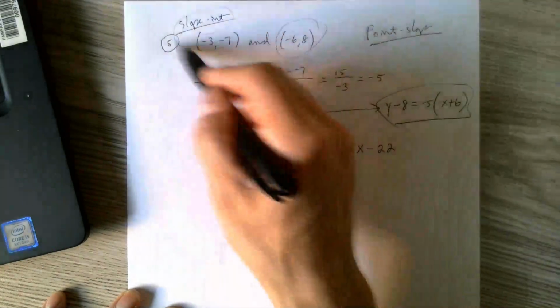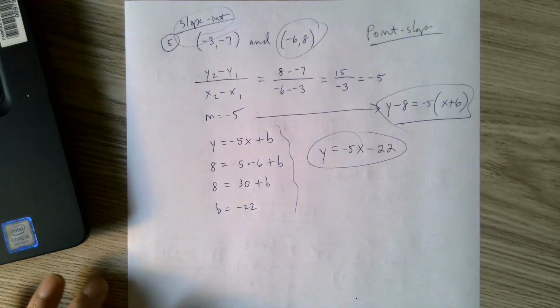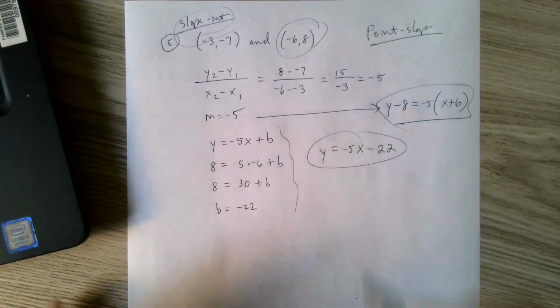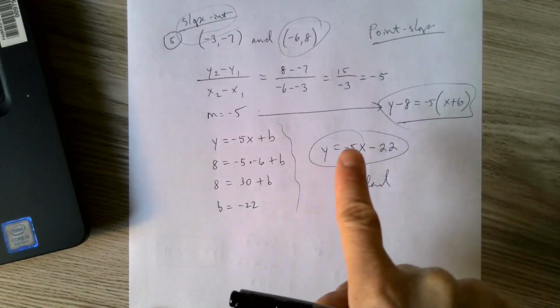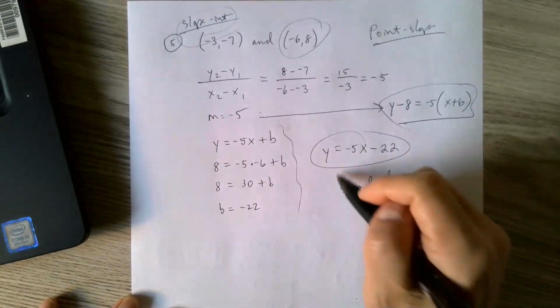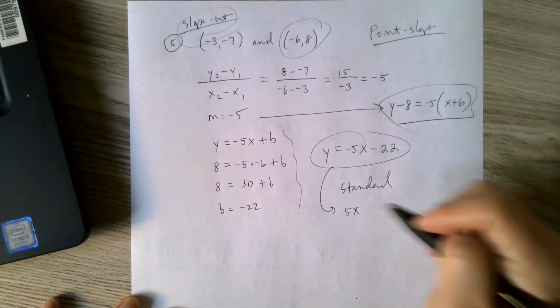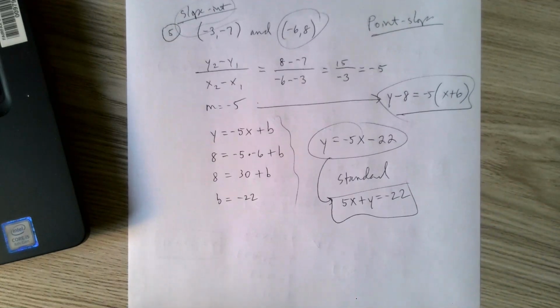But since I didn't, you had to do this work as well to get that. And then for good measure, if I ask for standard, then when you got here, you would have had to do one more thing, which is add 5x to both sides. And then you have your standard.